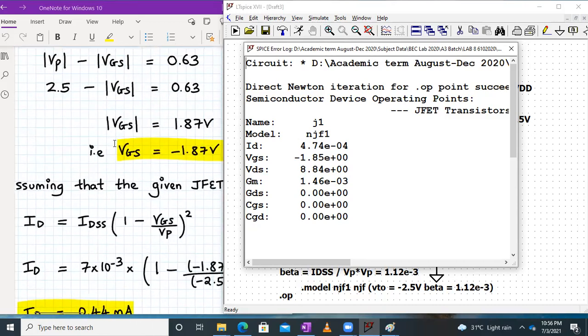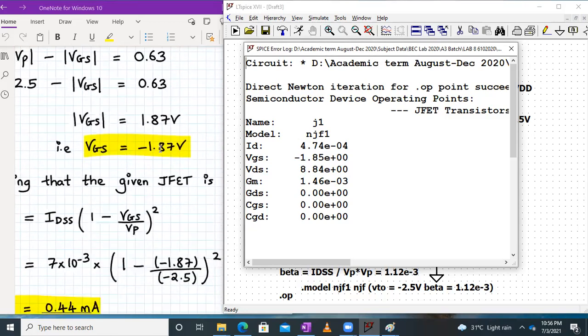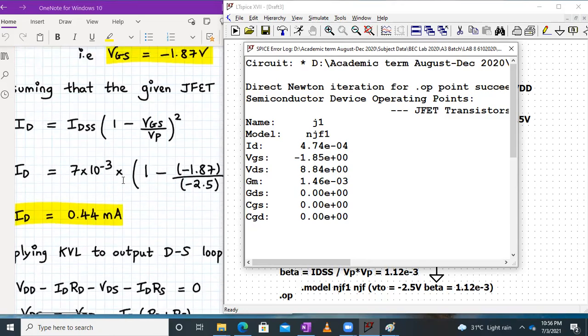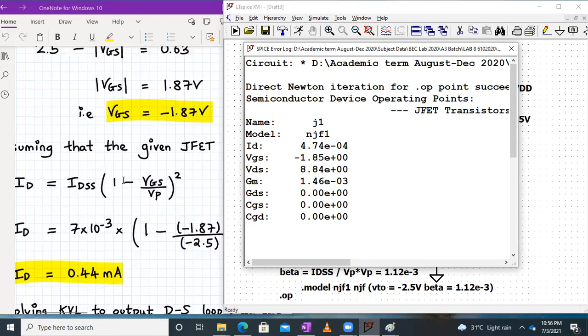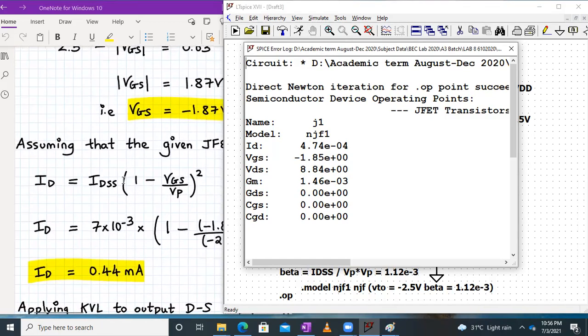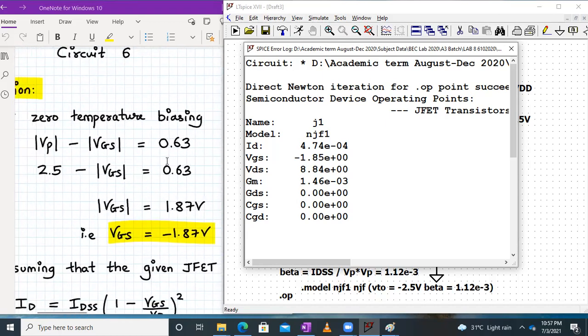And VGS value, by the analytical method, is minus 1.87, and it's coming out to be minus 1.85 in simulation. That's quite close. And VDS value, well, with these values of ID and VGS, slightly there will be deviation, but mainly the ID and VGS values should match, and they are actually perfectly matching. Okay, so these slight variations are observed because this zero temperature drift biasing is an assumption.